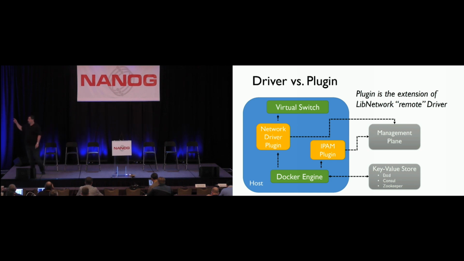So it's better to split, in my opinion, but you see a lot of drivers that are plugged in together. The reason people do that is because you might need IPAM information to configure network port and vice versa. So for that reason, people combine.